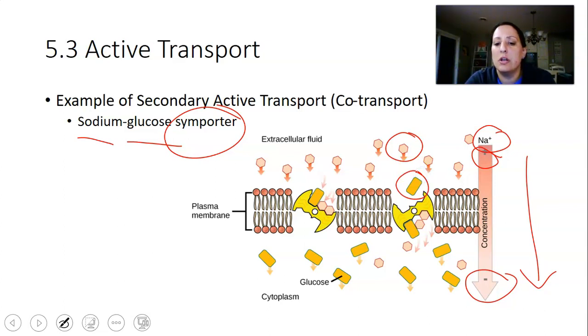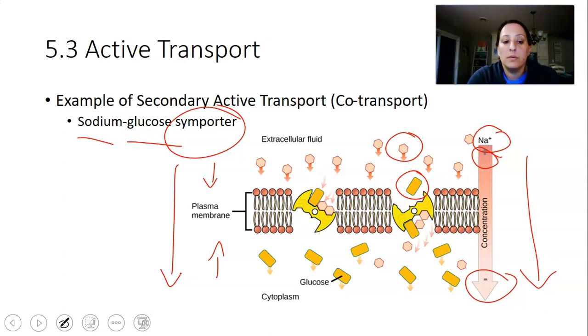Let's look at the concentration of glucose. Well, inside the cell, there's a high concentration of glucose, and outside the cell, the concentration is pretty low. So it's going to take some energy to move glucose into the cell from low to high, right, against its concentration gradient. So where's that energy going to come from? It's going to come from the sodium concentration gradient.